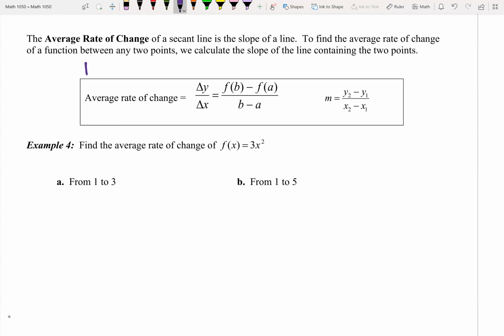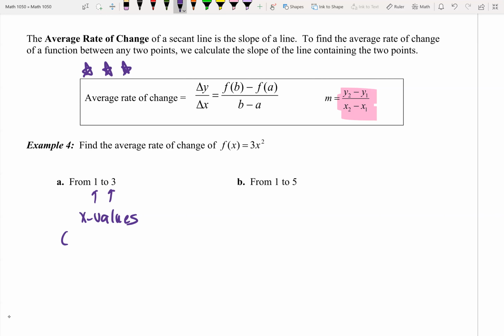All right, average rate of change. What I want you to do is add some stars around it, because I do think that this will be on your midterm. What's another word for average rate of change, everybody? Slope. Here's the formula for slope. One thing I need you to know is that 1 and 3 are x values.